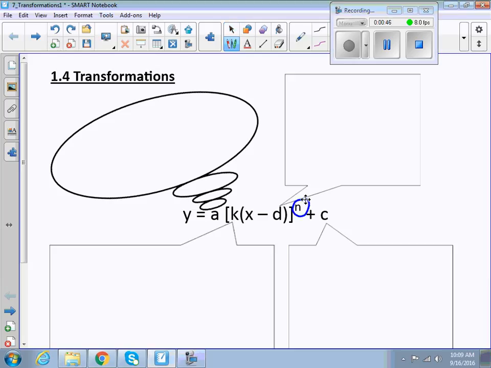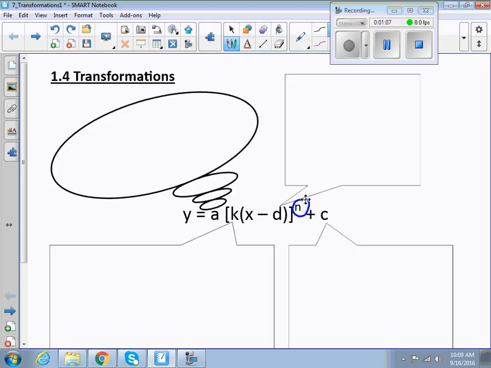Okay. So the polynomial function, power function, has an exponent n, right? So that could be like a power 2 for quadratic, power 3 cubic, power 4 for quartic, and so on. Okay? So the general transformed function of a power function, of a polynomial function, is y equals a times (k(x minus d)) to the power of n plus c.